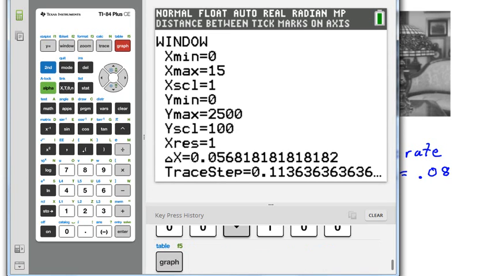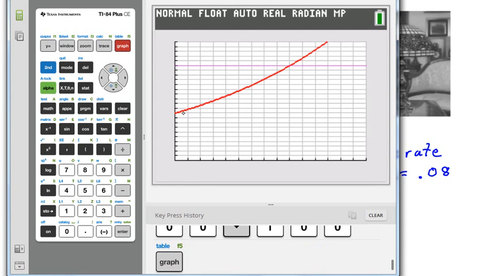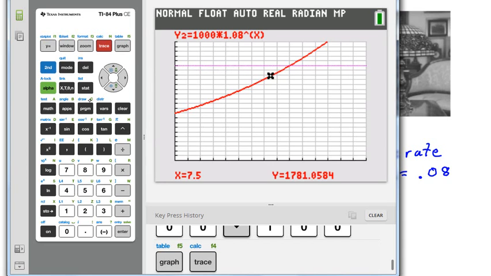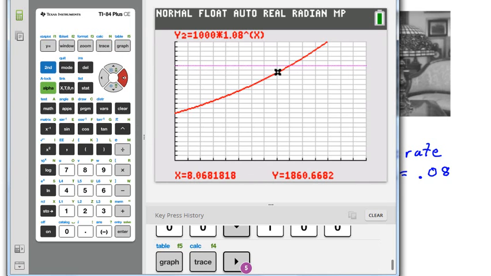And then graphing, this is what we have. So we have the red curve going up from our y-intercept of 1,000. Now we can go ahead and trace and go to the right here, close to 2,000.